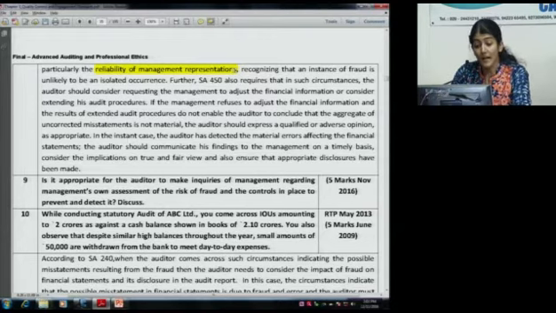Then what does it say? As per SA 450. What is 450? Evaluation of misstatements identified. It requires that in such circumstances, the auditor should consider requesting the management to adjust the financial information, that is, correction of the misstatements identified.